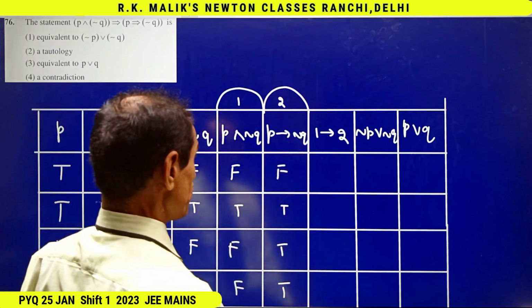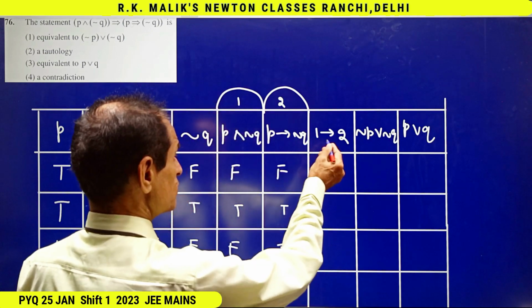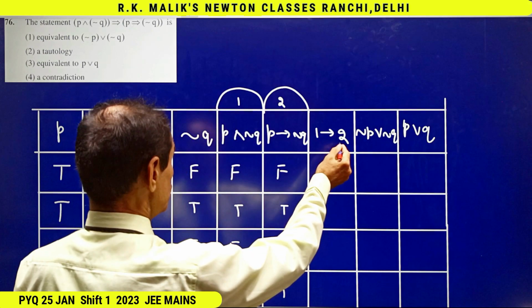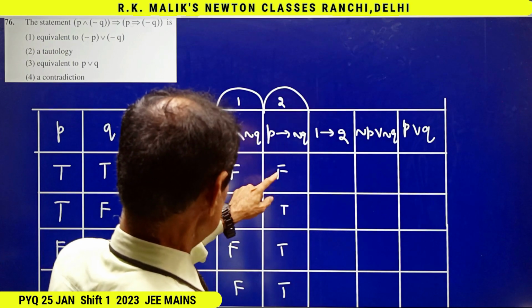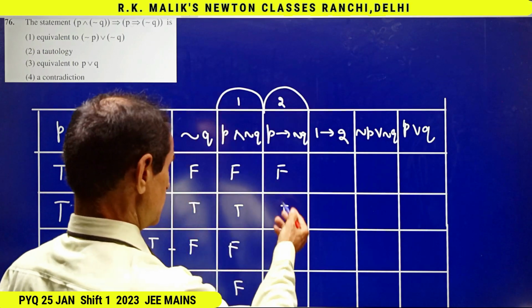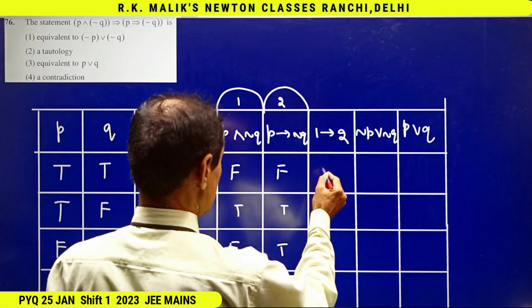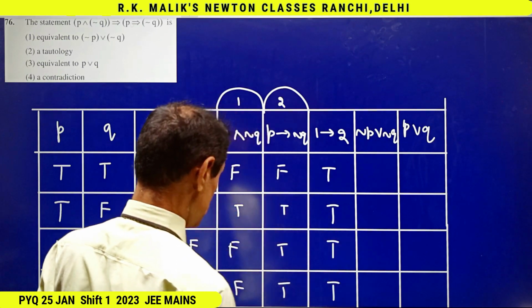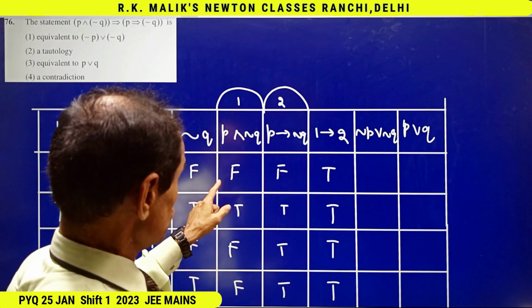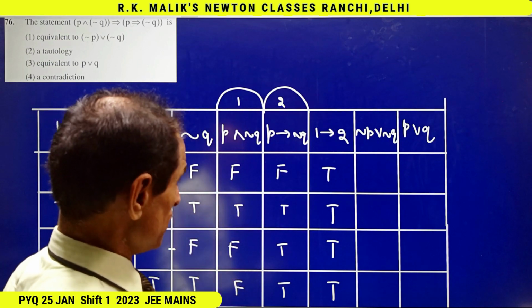Now, 1 implies 2. We know that this will be false only if 1 is true and 2 is false. 1 is true, 2 is false, is never happening.